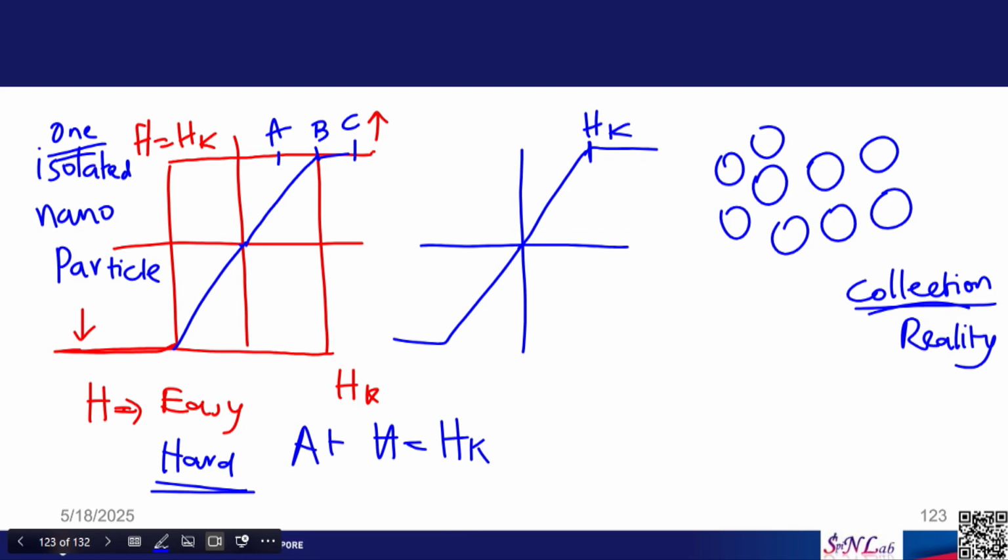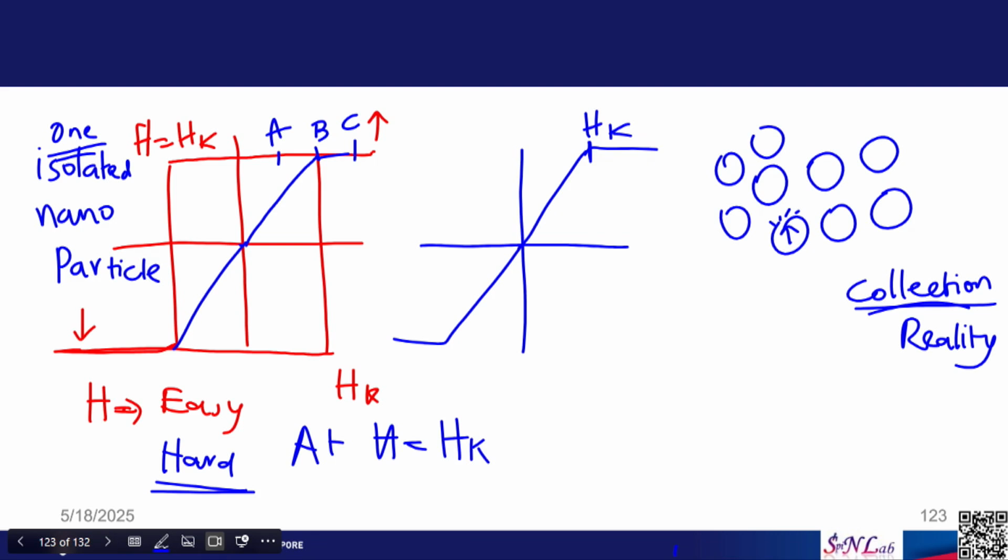Individually each of these particles is a single domain and it will follow Stoner-Wohlfarth reversal mechanism. But when you have a collection like this, there are many interactions. For example, let us say this is magnetized in this direction. This generates a certain magnetic field, and this magnetic field will influence the neighboring particles and so on.